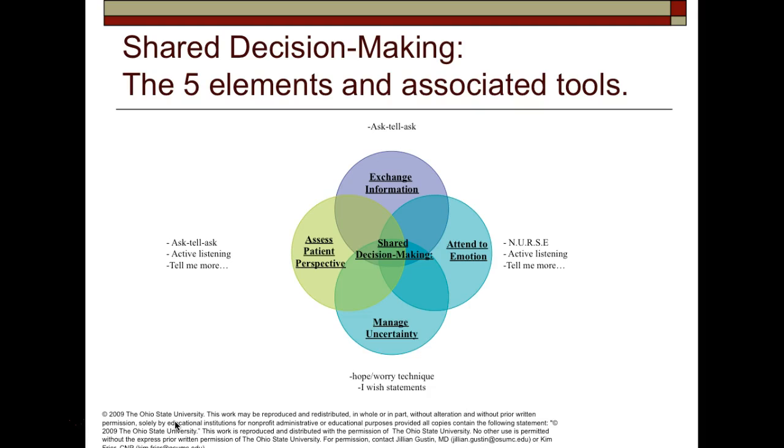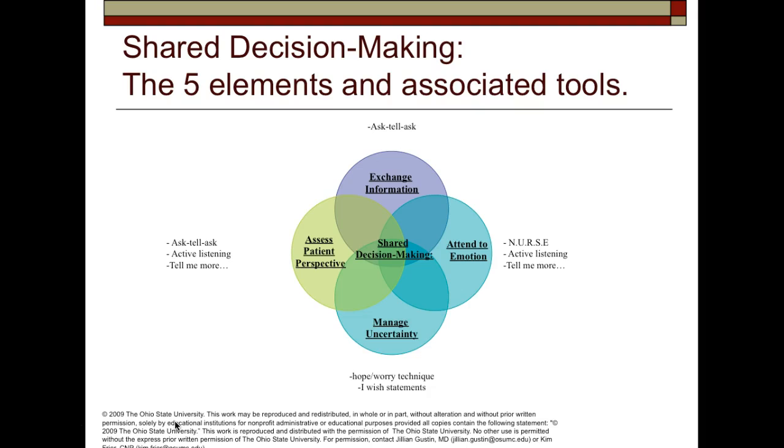assess patient perspective. Now, on the outer edges of the bubbles, you can see words, and those are the tools that we can use in the particular bubbles. As you look around the outside of the bubbles, you'll see that several of the tools are repeated more than once, so that these tools can be used for lots of different opportunities in different ways to build a relationship and to help us with the communication with the individual that we're interacting with.